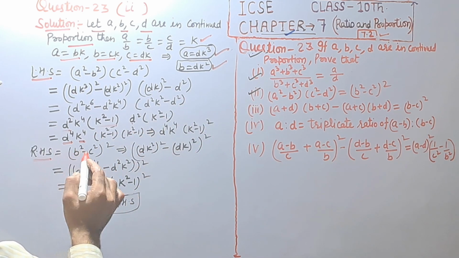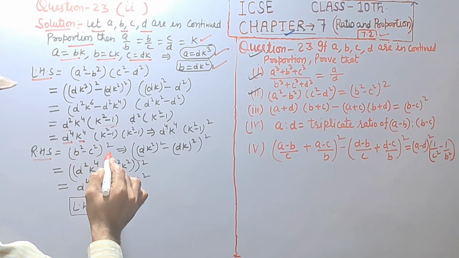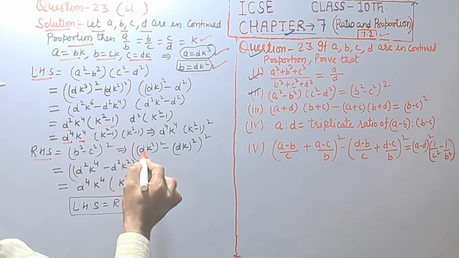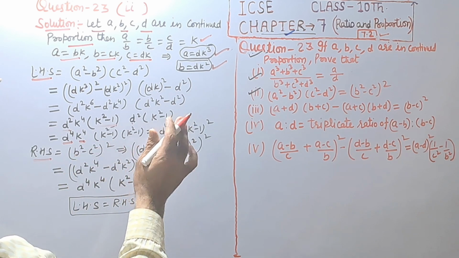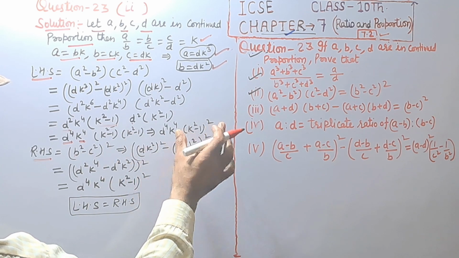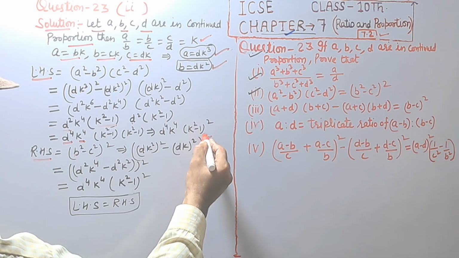And right hand side we get b square minus c square whole raised to power 2, it's given, and we are putting b square, that is dk square whole raised to power 2, minus c square, that is dk whole raised to power 2 and whole power 2.